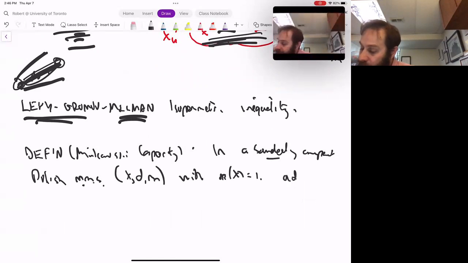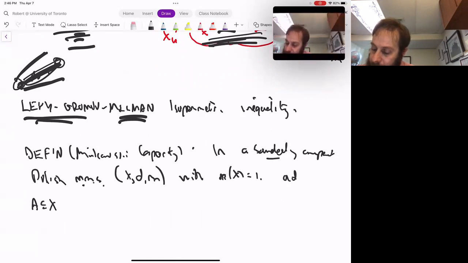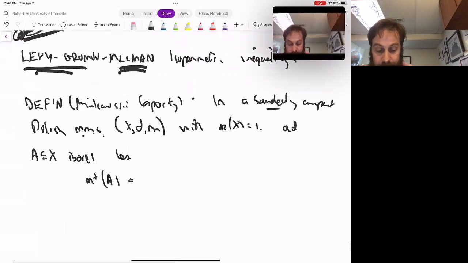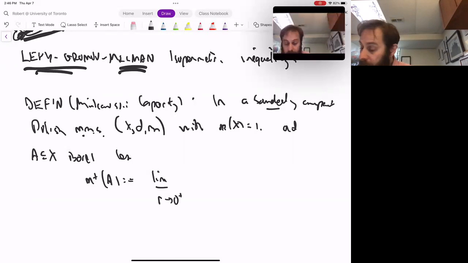And given any Borel subset A, I want to define the size of its boundary, I'm going to call it m^+(A). It's a boundary measure, to be the lim inf as r goes to 0 of, I look at an r-neighborhood of A, and I subtract A from it, and I divide by r.